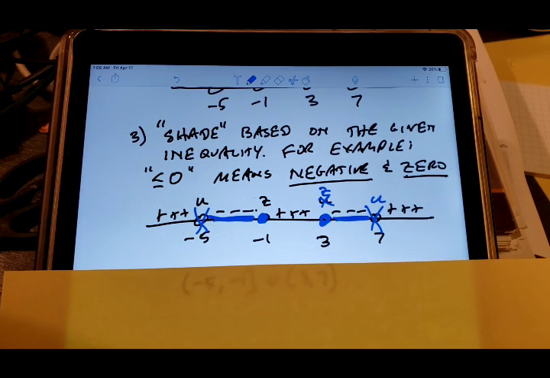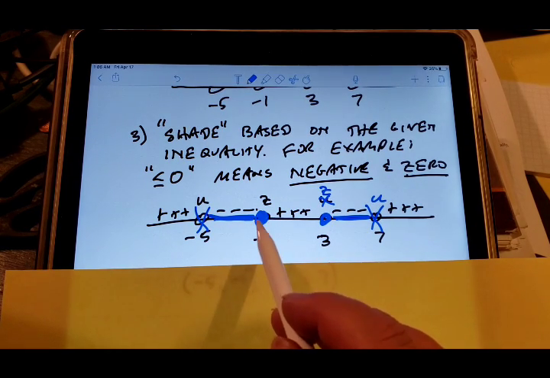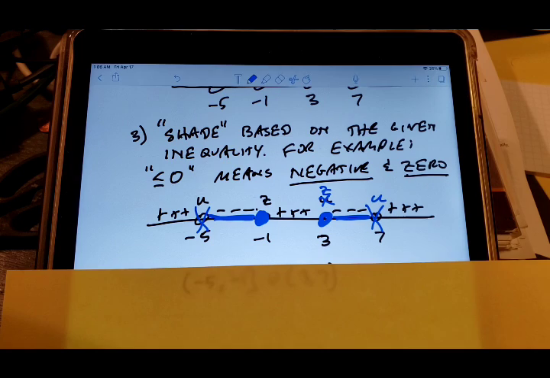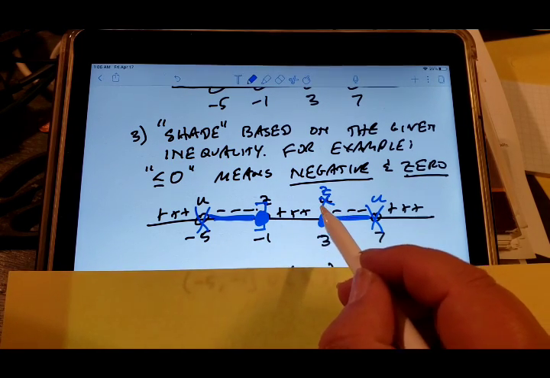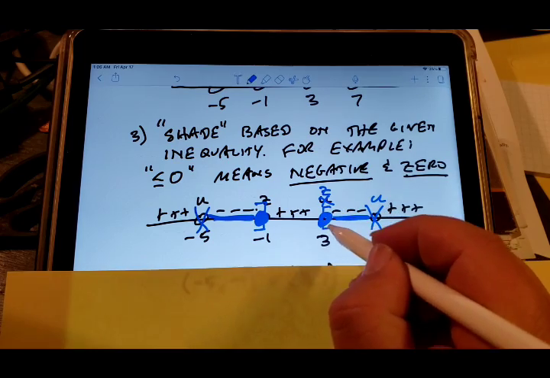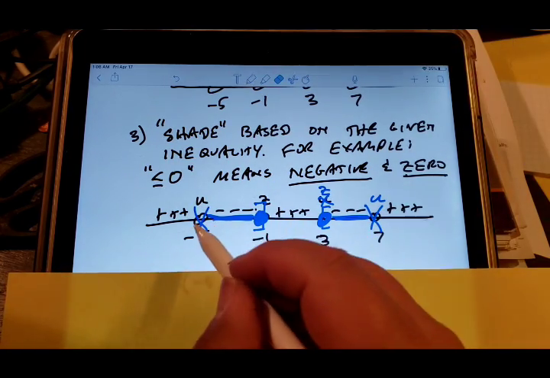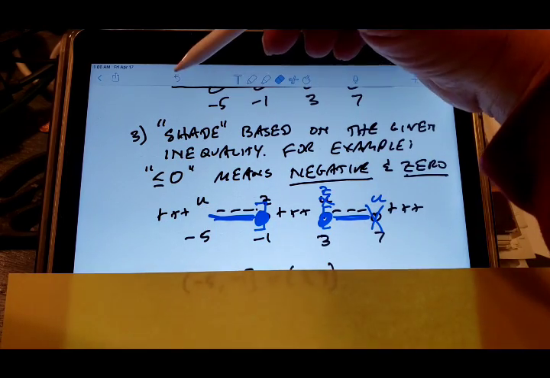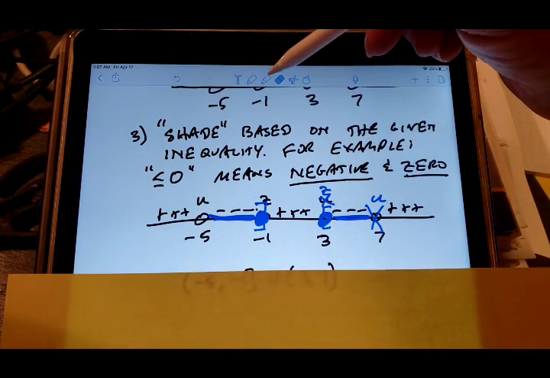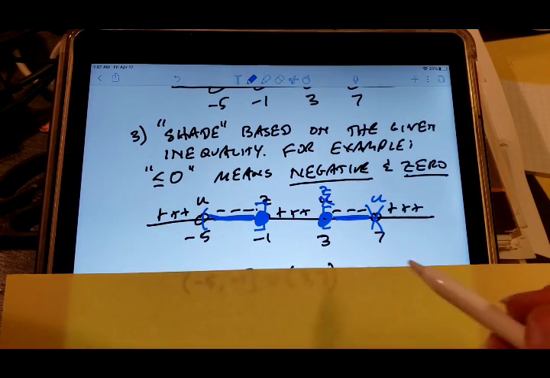The book doesn't seem to like to use the old style of open circles and filled in circles. The website uses a square bracket and a parenthesis instead, all right?